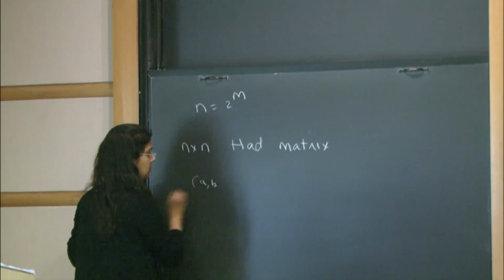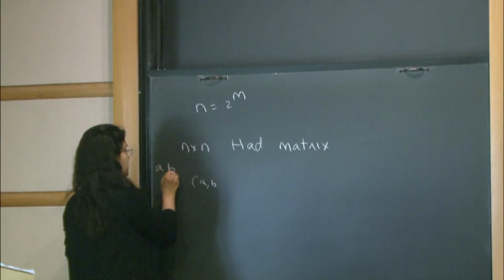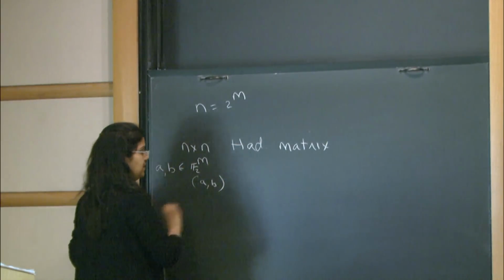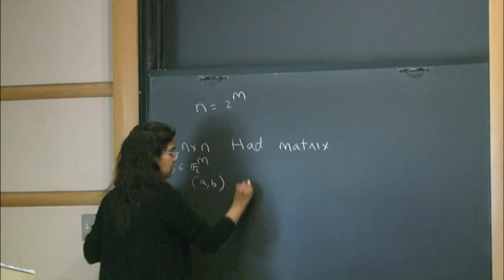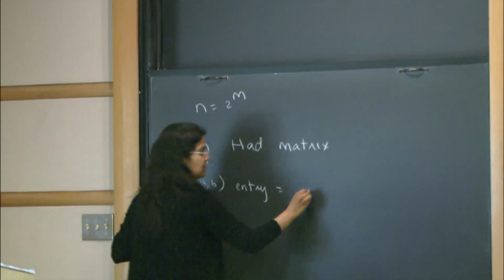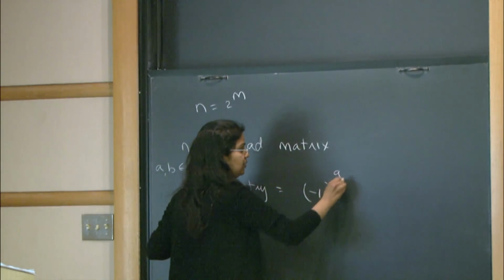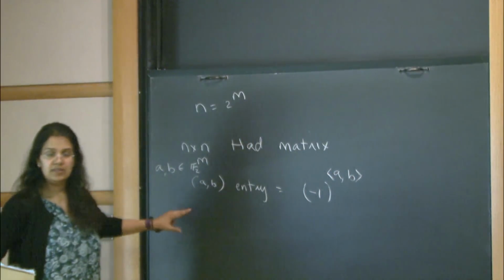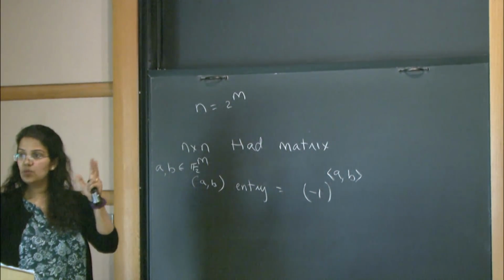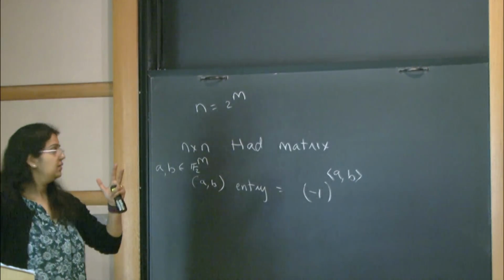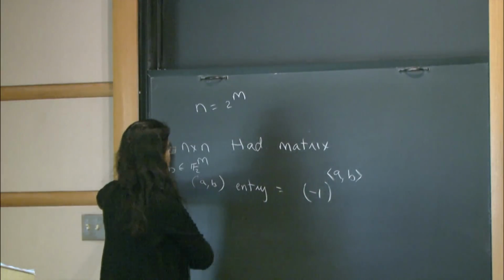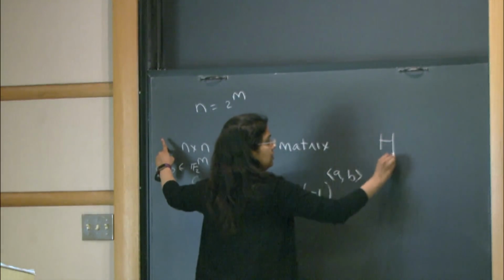For a and b in F2 to the m, the (a, b) entry of this matrix is (-1) to the inner product of a with b. So it's the n by n +1/-1 Hadamard matrix. Good. Let's call it H.